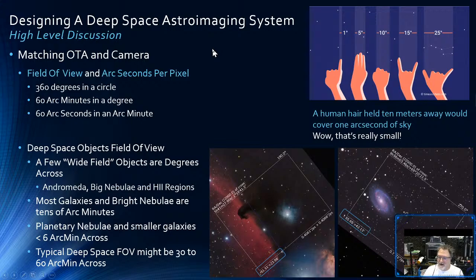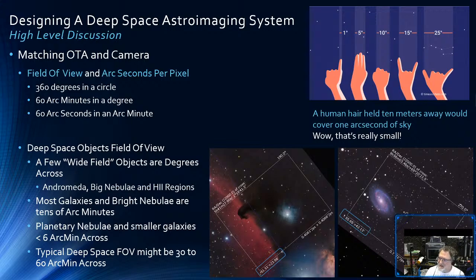So we have to talk about some concepts here to get the right terminology. Everybody knows there's 360 degrees in a circle, but did you know there's 60 arc minutes in a degree? And did you know there's 60 arc seconds in an arc minute? So there's that dreaded arc second thing again that we know we need to be accurate to an arc second.